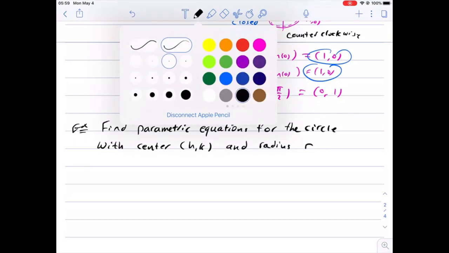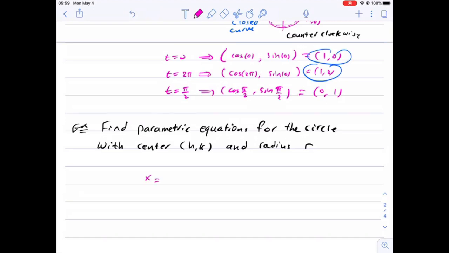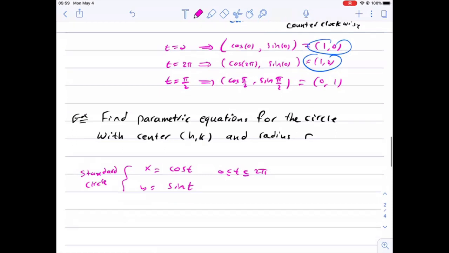Now the parametric equations for a circle in standard form are x equals cosine t and y equals sine t, where t is between 0 and 2 pi. This is the standard circle, I mean a circle centered at (0, 0), at the origin.